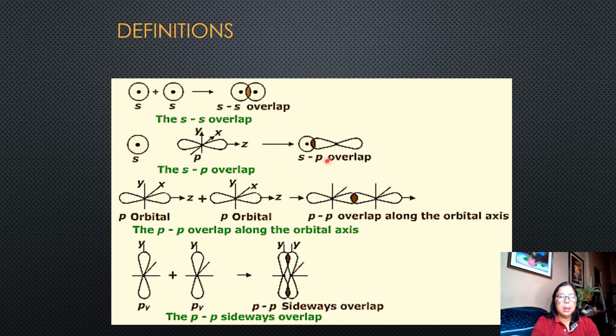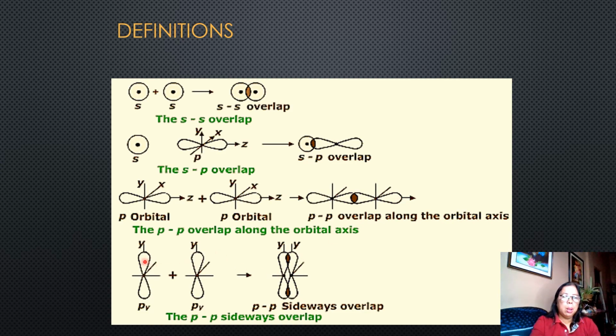In this case, you have the one p orbital working with an s. And you could also have another p orbital working with another s. And this p orbital could be working with another orbital, which is this one. This is one p orbital bonded with another p orbital.